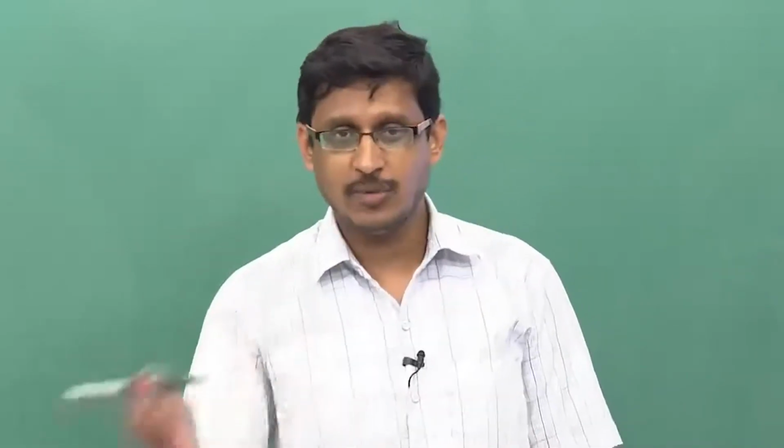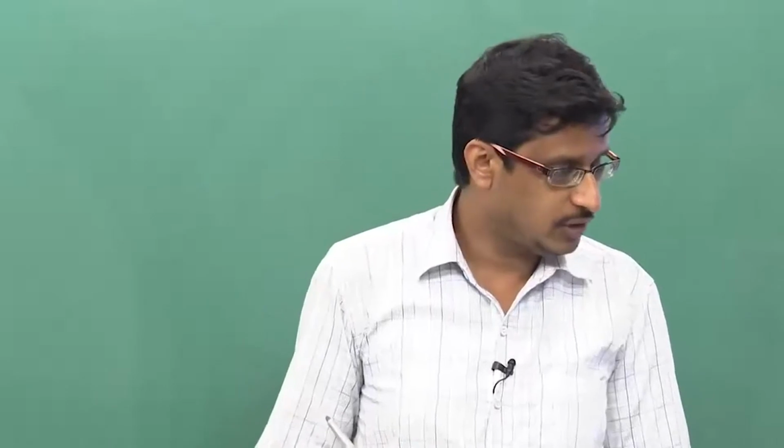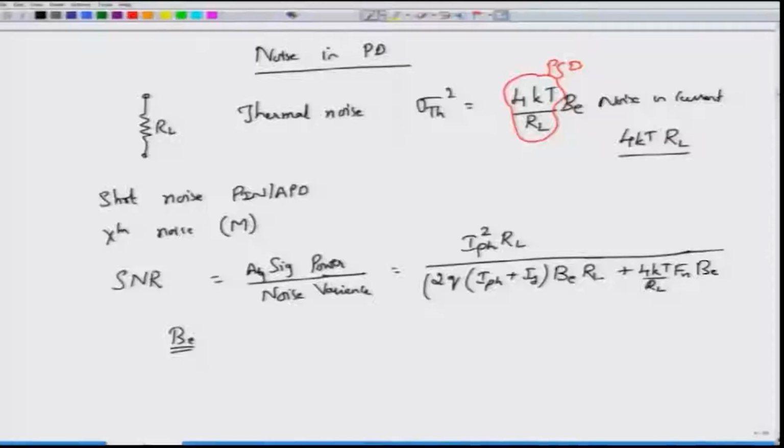Remember, output signal to noise ratio is always lesser than the input signal to noise ratio, and the amount by which this is lesser is proportional to this noise figure or noise factor, depending on how you call the ratios. Okay. So, this is what you have, 4kT by RL into Fn. This would be your noise variance, and this is your signal to noise ratio.